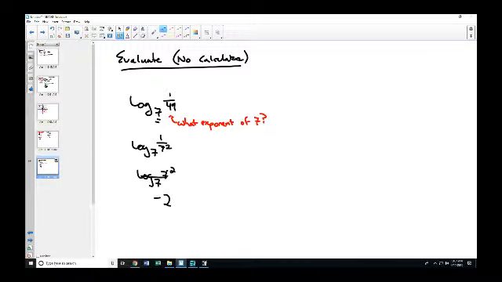Let's see here. Try this one. Go ahead. Okay, what exponent of 5?